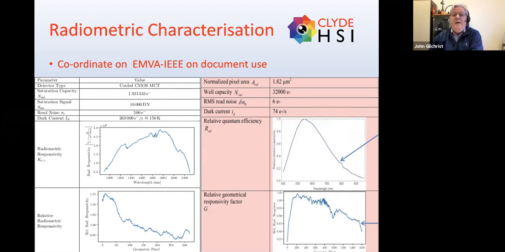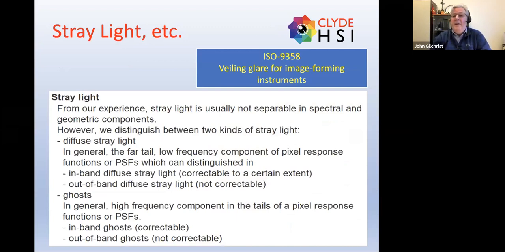And similarly, if we talk about stray light, which is the limiting factor of many detection systems, it gives you the limiting detection. We can use things like the ISO 9358 standard for veiling glare measurements for image forming instruments.